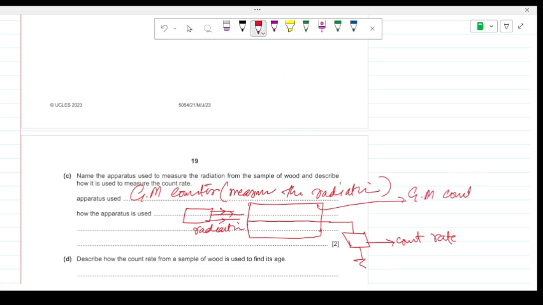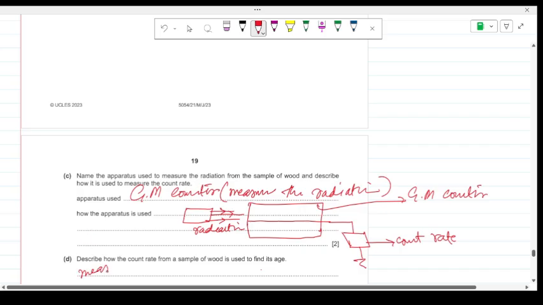Now describe how the count rate from a sample of wood is used to find its age. First you have to measure the count rate and use the graph to find the corresponding age of the count rate.